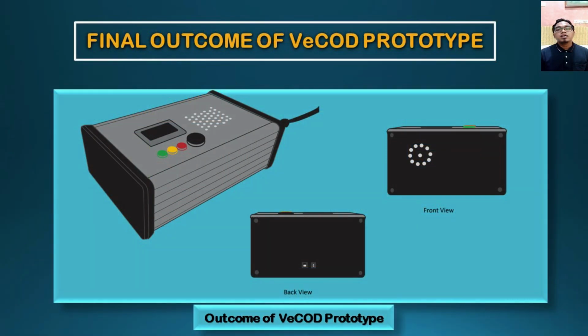This is the final outcome of the vehicle prototype. This slide shows an overview of the final outcome of the vehicle prototype. On the upper surface, the LCD display and LED will be visible. There is also a hole on the top surface for the buzzer to emit a clear sound.